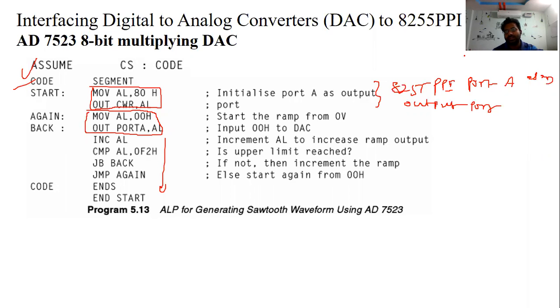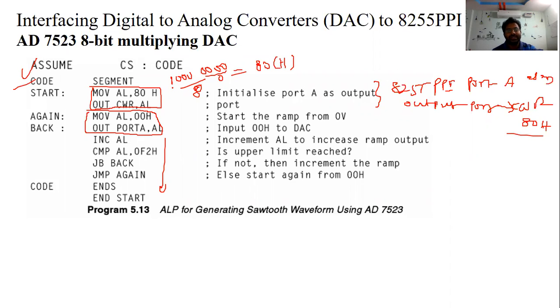So we write the CWR. What is the CWR value? 80H. The CWR value is 80H.